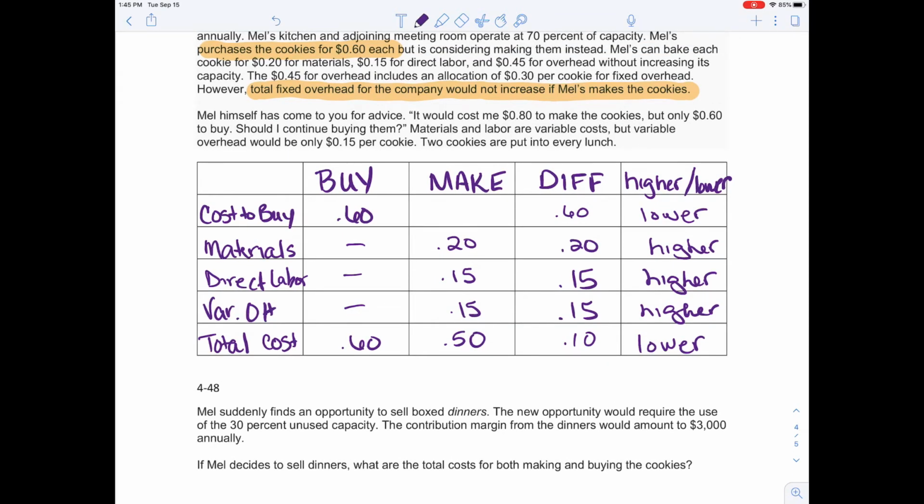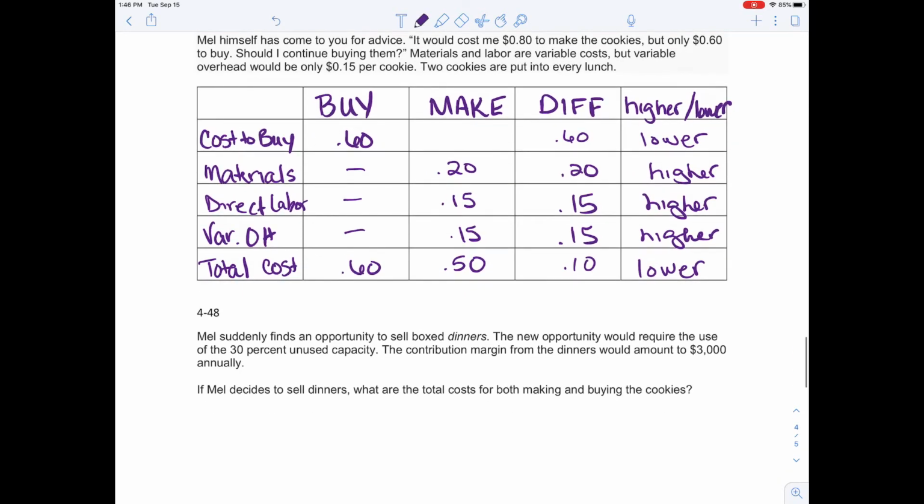But then we want to consider some alternatives. If Mel suddenly has an opportunity to sell box dinners, the new opportunity would use that extra capacity that they have, and they would make $3,000 off of that annually. That contribution margin is telling you how much they're going to make.